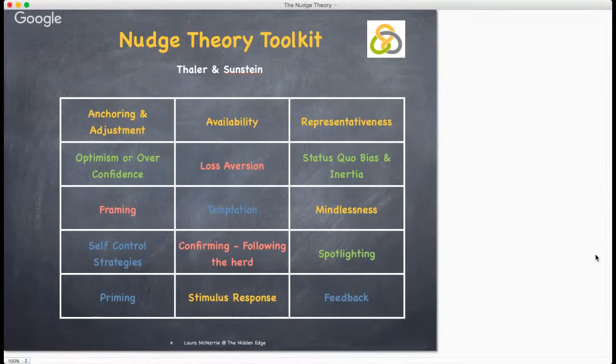Representativeness. This is where you use assumptions based on stereotypes. Give the audience clarification of facts and figures to dispel false stereotypes and wrong assumptions and replace them with accurate comparisons. Optimism and overconfidence.